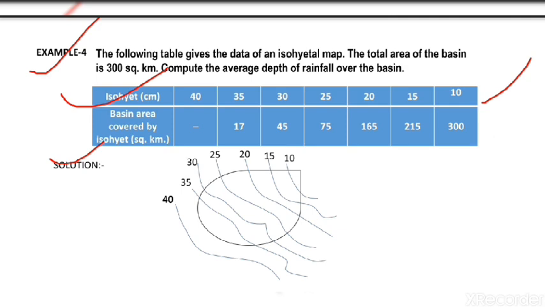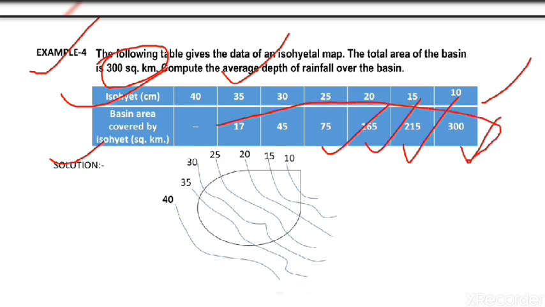See that here the total basin area is given as 300 square kilometers, and in the table, for the 35 isohyet the area is 17, next 45, 75, 165, 215 and 300.